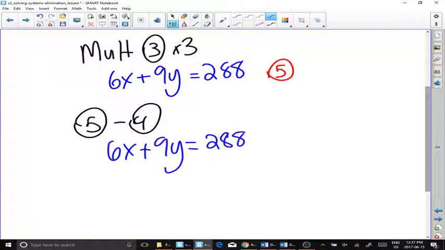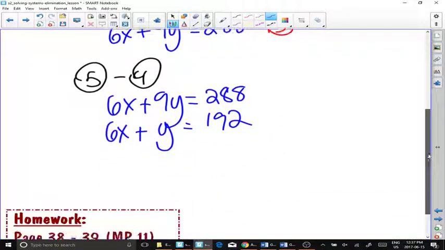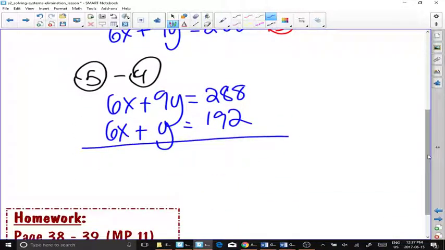That's the equation 5. And 6x plus y equals 192. That's your 4. If we subtract these, we get 8y equals 96. Y is going to be 12, since 8 goes 12 times into 96.